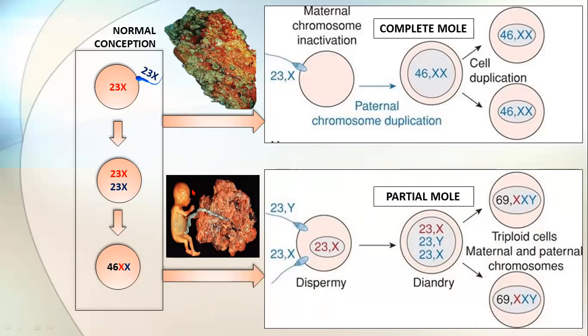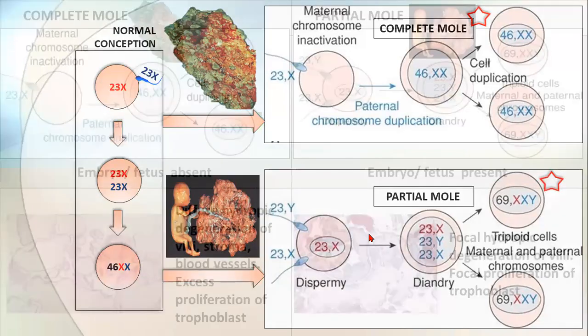Here it is a partial mole, where the fetus is present along with the degenerative placenta. It is completely different from the complete mole. Here the MCQs mostly ask about the complete mole, that is, androgenesis or paternal origin, and also the triploid.